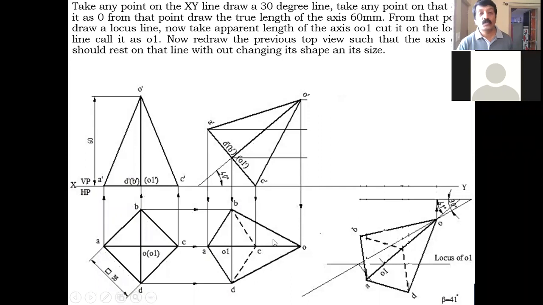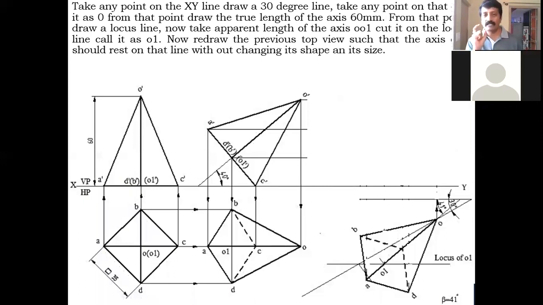You take this O to O1, the apparent length of the axis, and with the same center O, you cut this horizontal locus line. After getting this, you join O to O1 with a thin line at the beginning. If you extend this till it meets the XY line, whatever angle you get is the apparent inclination.